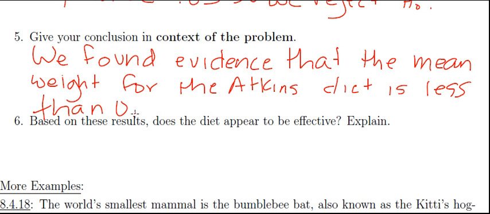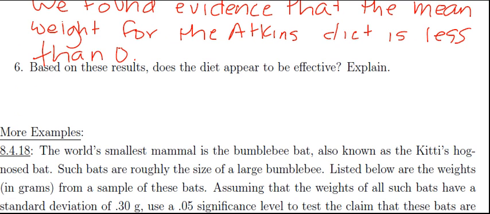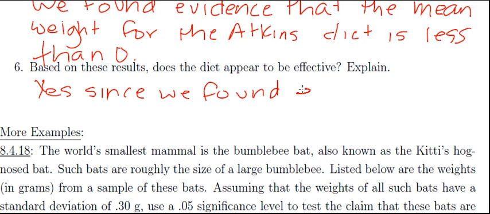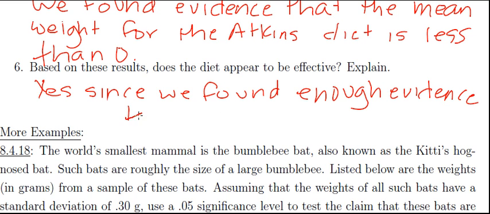Doesn't mean everyone necessarily lost weight, but on average there was a weight loss. And so based on these results, it does appear to be effective. So yes, since we found enough evidence to reject H naught.